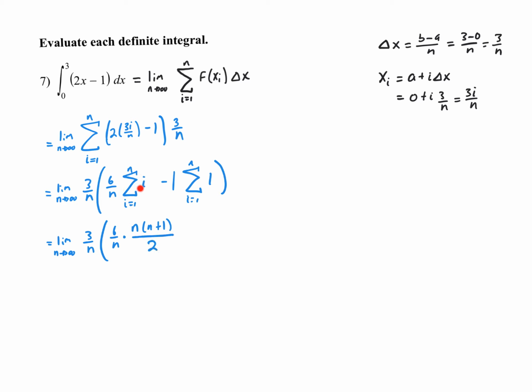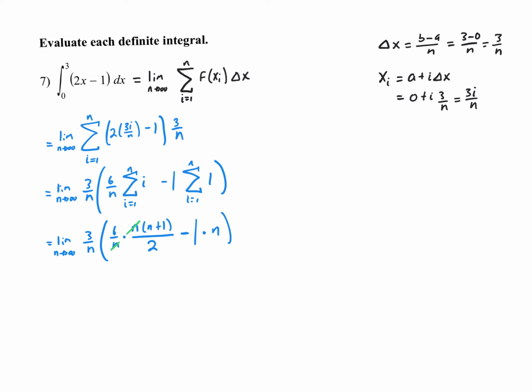Again, this thing right here is the same thing as this, minus 1 times, this thing just becomes n, so n times 1. Let's clean this up a little bit here.